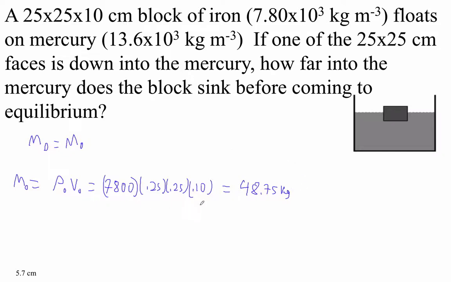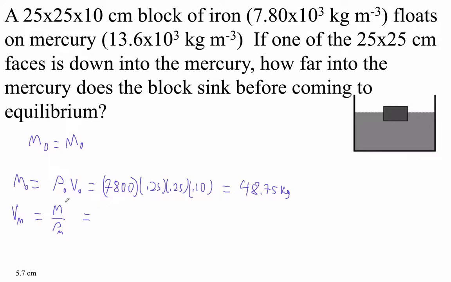So to float, it must displace that much mass. Let's figure out what that volume is. It has to displace this many kilograms of mercury to float. That's the rule: to float, you displace an equal mass to your own mass. So now let's figure out the volume of the mercury. That's going to be the mass displaced divided by the density of the mercury.